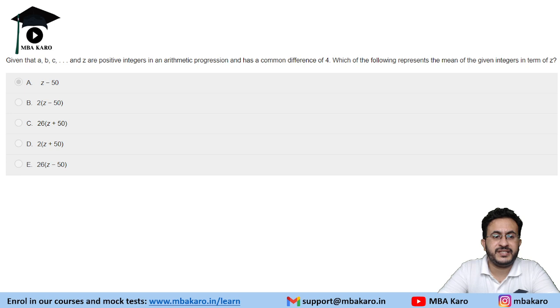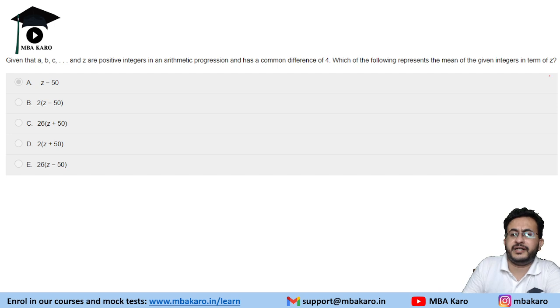Given that A, B, C and so on up to Z are positive integers in an arithmetic progression and have a common difference of 4, which of the following represents the mean of the given integers in terms of Z? Now we need to get it in terms of Z, and we are given that the common difference is 4. So Z is the 26th term.